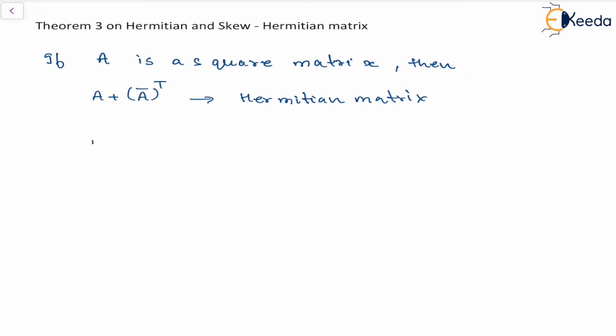And also, A minus A transpose conjugate will be a skew Hermitian matrix.